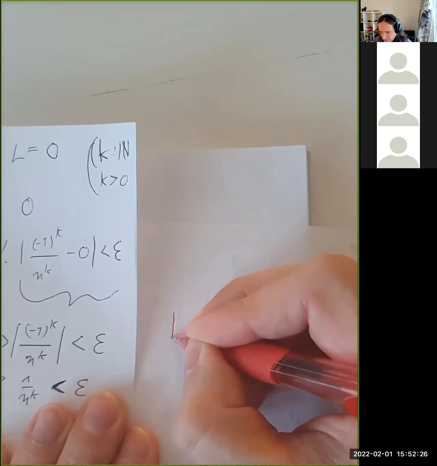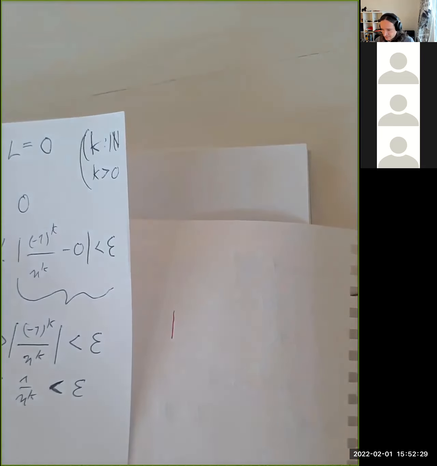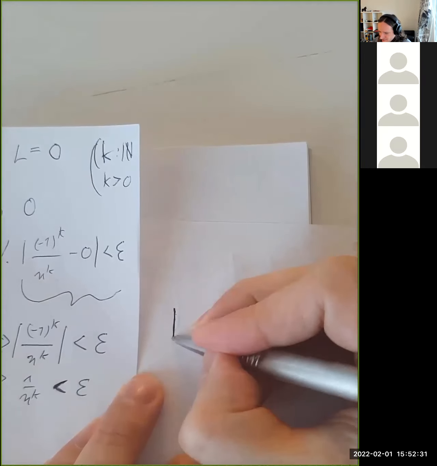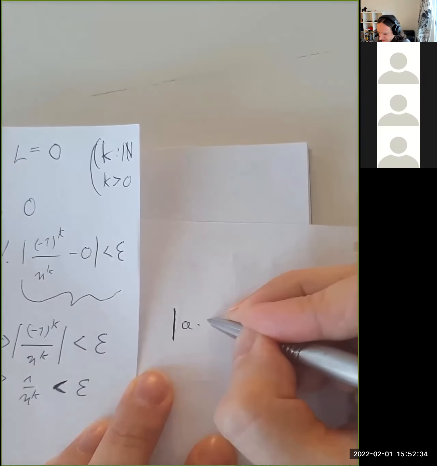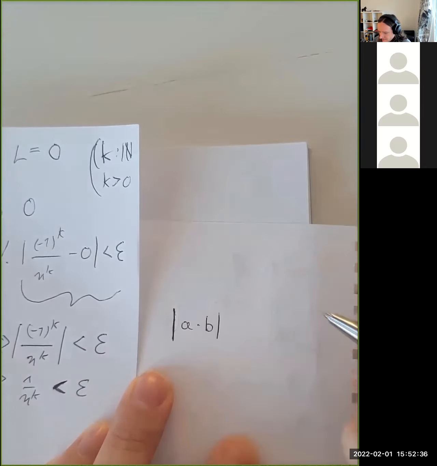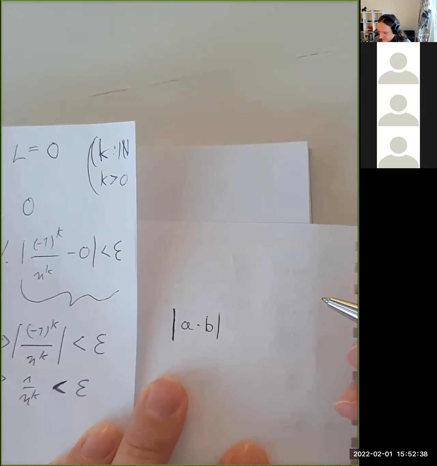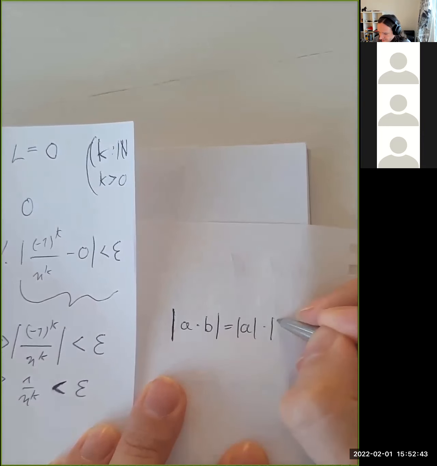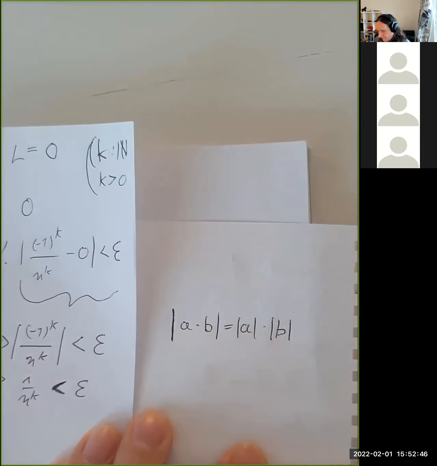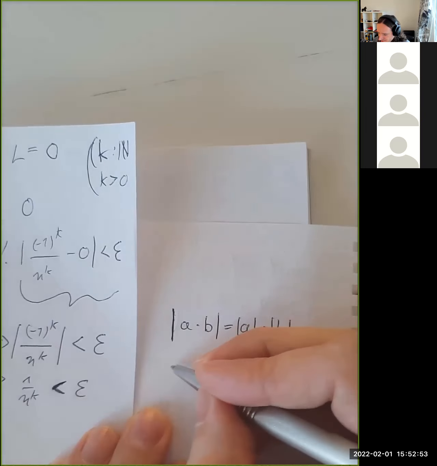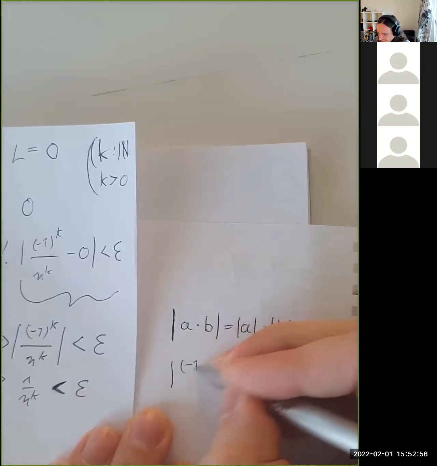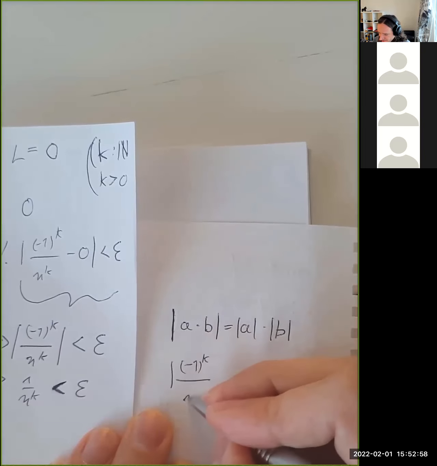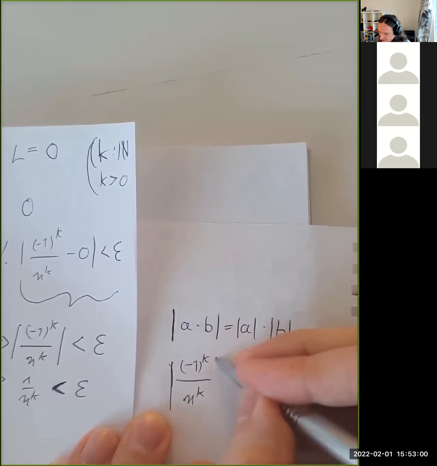So in general, I need to use red. If you have A times B, this is the same as this. So that's what we really use here as something that could be an axiom or a basic lemma about absolute values.